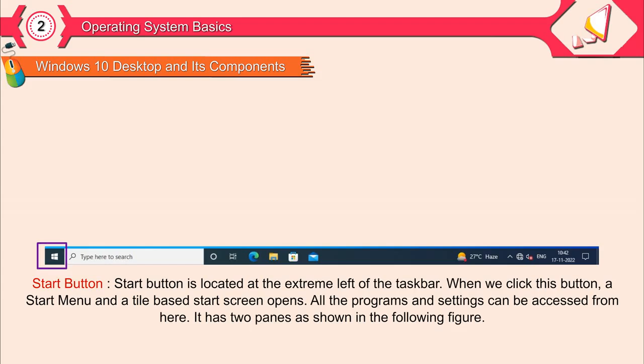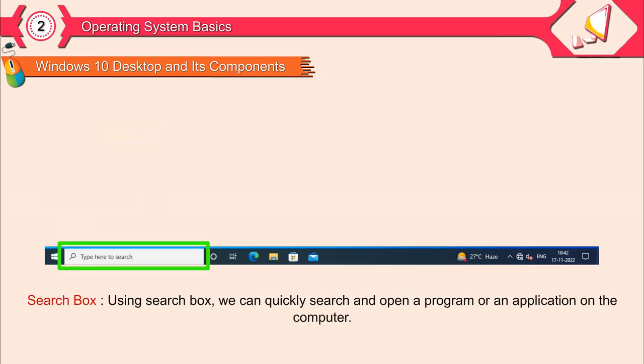It has two panes as shown in the following figure. The left pane displays a list of programs called apps and settings. The right pane has application icons in the form of tiles. Search box. Using the search box, we can quickly search and open a program or an application on the computer.